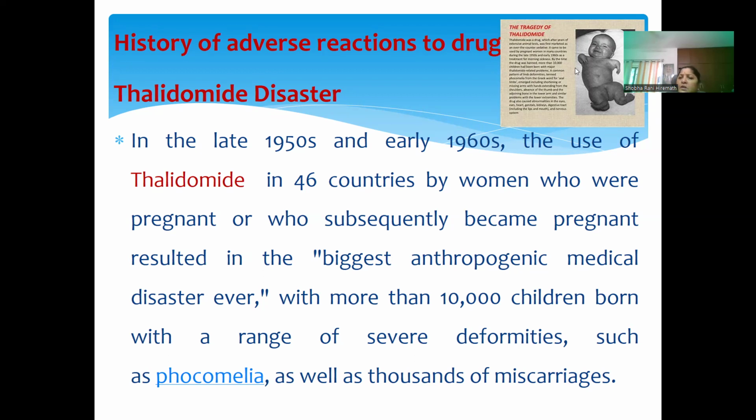I showed you a picture at that time, even this picture you can see. So this was the first time people came to know. WHO started international monitoring after this disaster, because till then it was not much known that drugs can cause such serious reactions. So this was one of the milestones in the history of pharmacovigilance, I would say.